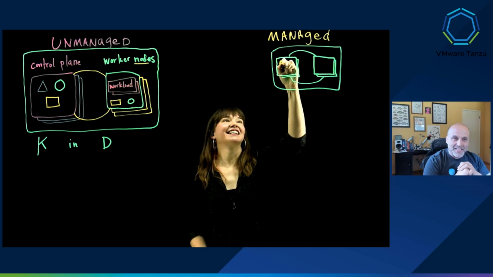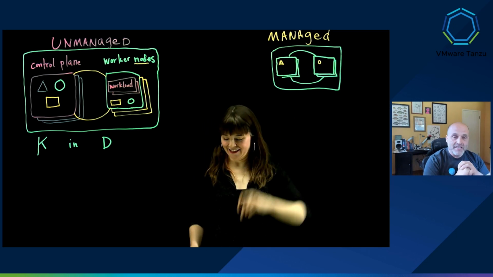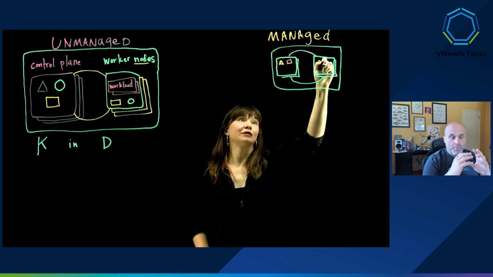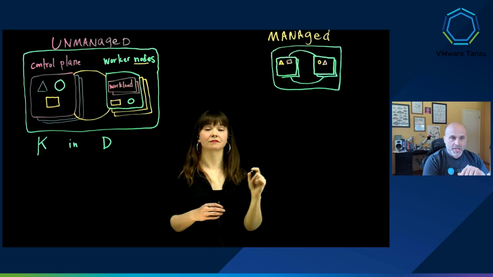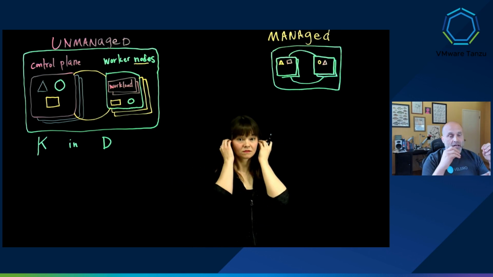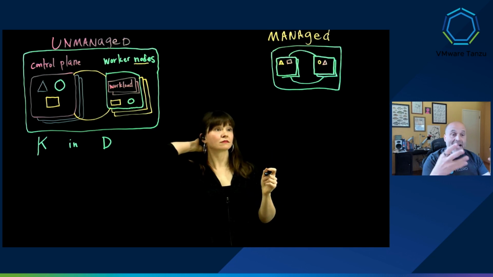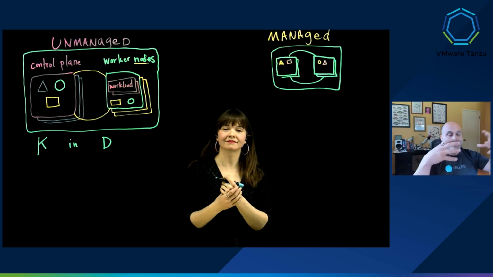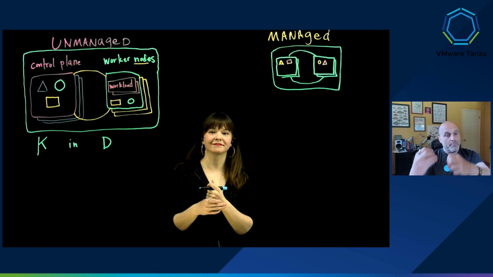This cluster uses the cluster API, which is part of the Kubernetes project. The cluster API allows you to create custom resource definitions. It has created custom resource definitions for a Kubernetes cluster. So there is a definition for a cluster. There's a definition for a machine.